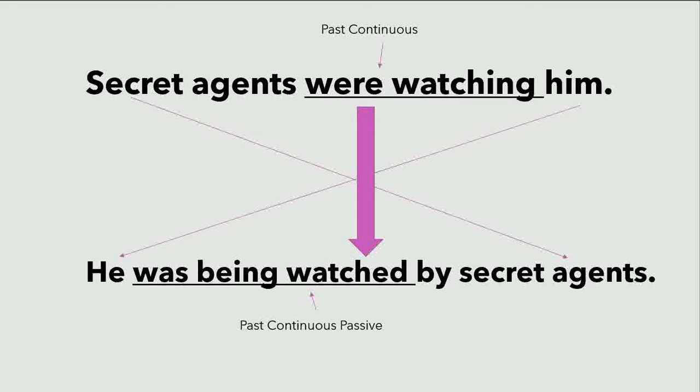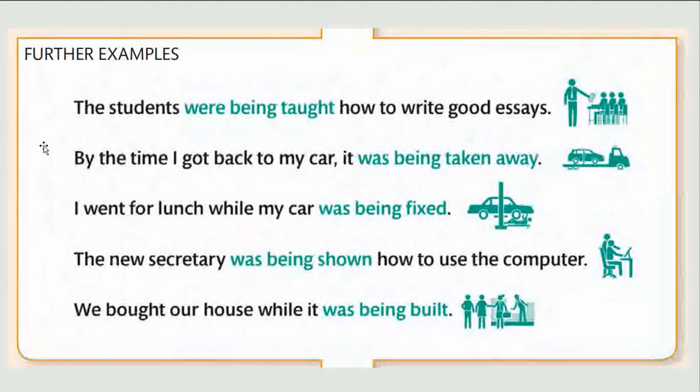Let us look at certain more examples. The students were being taught how to write good essays. By the time I got back to my car, it was being taken away. I went for lunch while my car was being fixed. The new secretary was being shown how to use the computer.